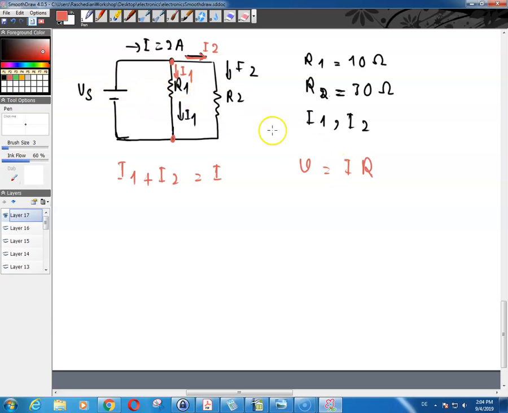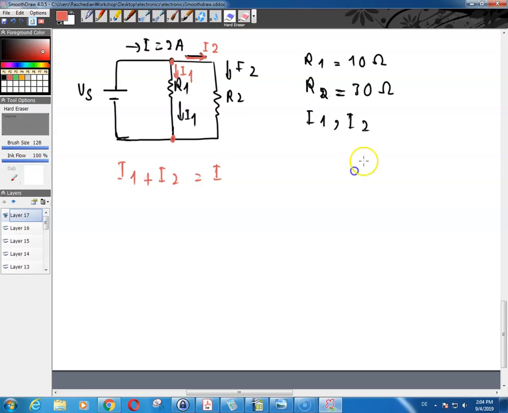I is the current going through this resistor, which I don't have, and R is the value of resistance of this resistor, which I have. So I have two unknowns, and I cannot find any of these values this way.